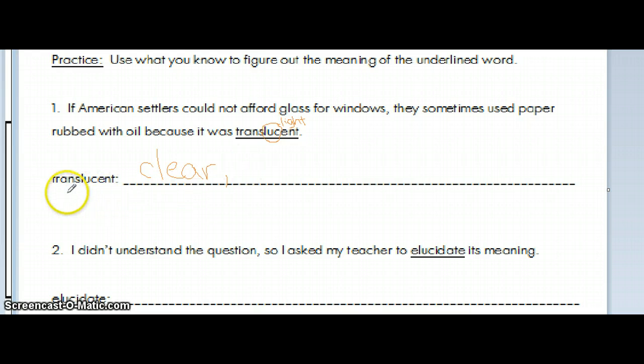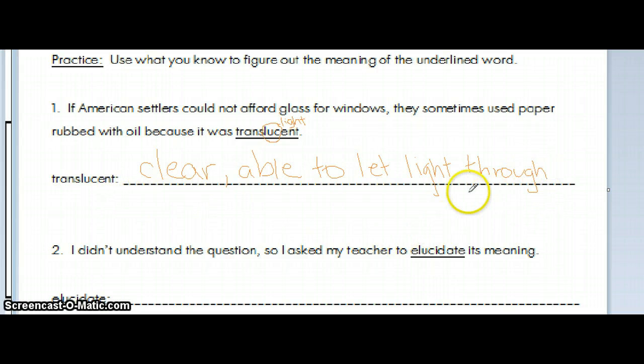So I know that translucent should mean able to let light through. Great. That's a really clear definition.